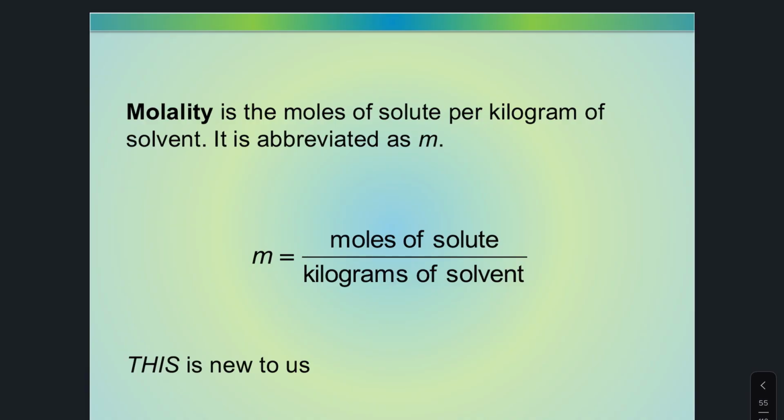Molarity and molality sound very similar, but they are not the same thing. Molality is measured as the moles of a solute divided by the kilograms of a solvent. This is a little bit new to us, but it's measured in a very similar way to how molarity is. It just uses different units. So this is going to be moles over kg.